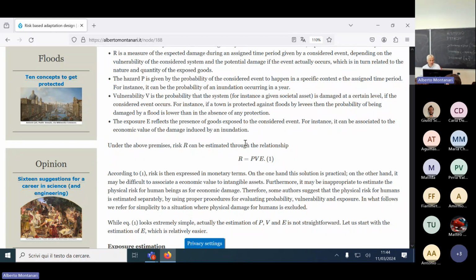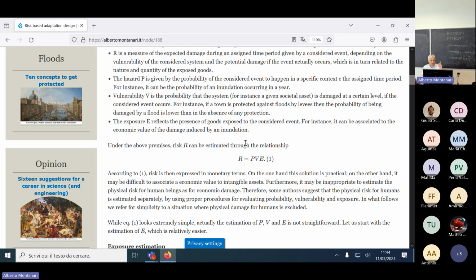So if we get this impossible flood, the result is that we are vulnerable and we are highly exposed. So it's a disaster. And this is what occurred recently, like in Germany in 2021. This was a very rare flood, very rare. And why did they get so much damage? Because they were not expecting it. They were vulnerable and highly exposed.